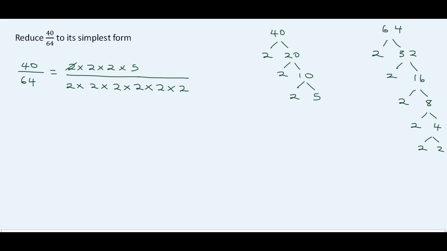So we cross 2 off here, we cross this off here, we cross 2 off here, we cross it down here, we cross 2 up here, we cross it down here. So now we have 5 divided by 2 times 2 times 2, which is the same as 5 over 8. So 40 over 64 is the same as 5 over 8.